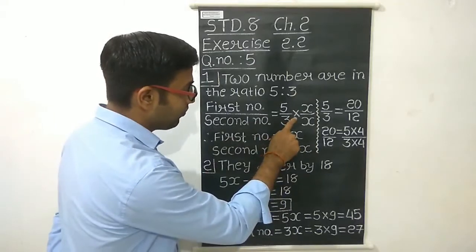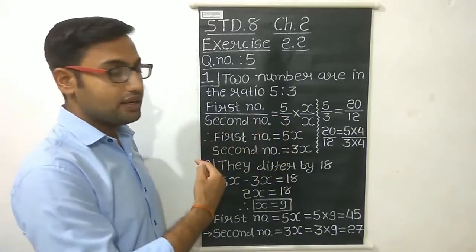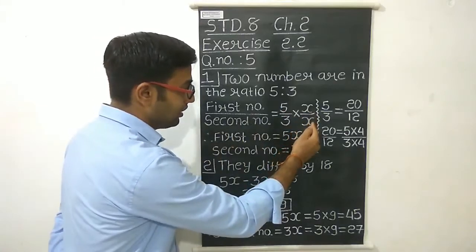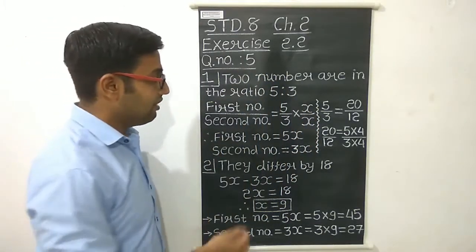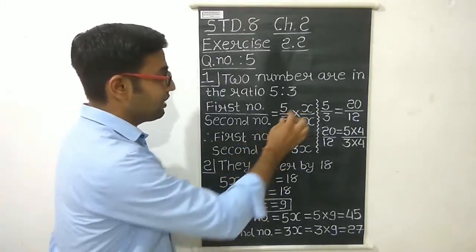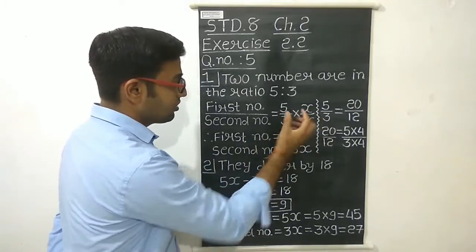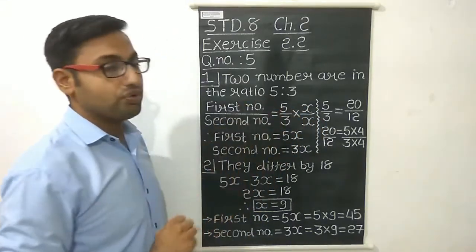Now we have to multiply both the numerator and the denominator by the same number that we have taken as a variable. Why do we multiply 5/3 with some same number? Because this is the ratio of two numbers.